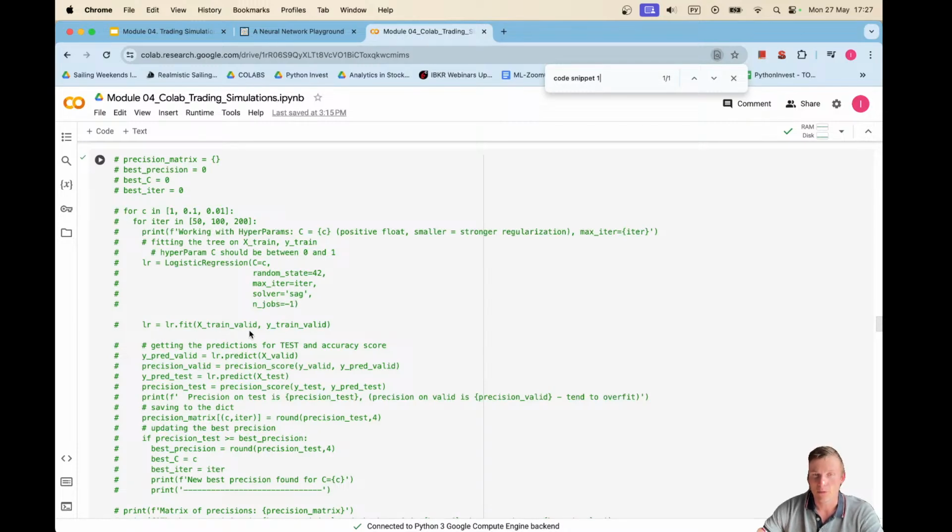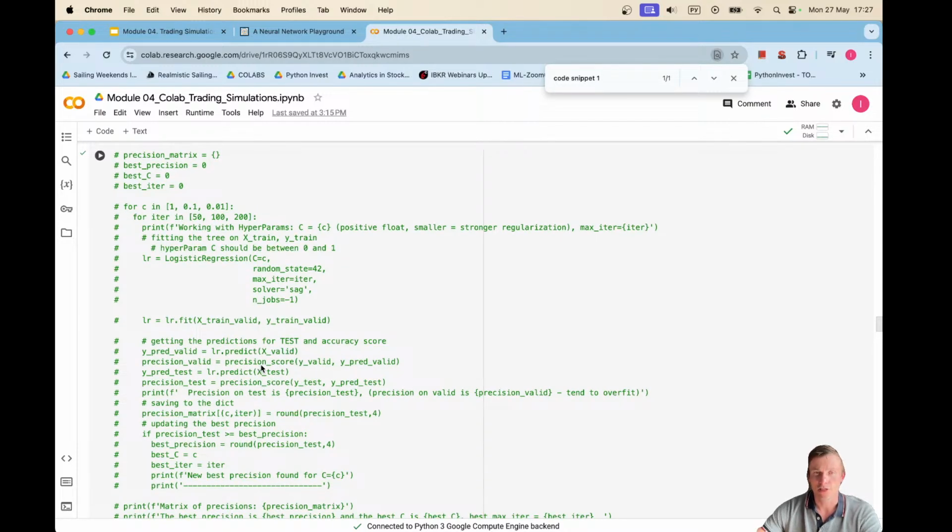Then you fit the model on some set, and then you check the model performance on a test set, on something that you never used before when you were training the model. And again, it's not the ideal way of doing things.